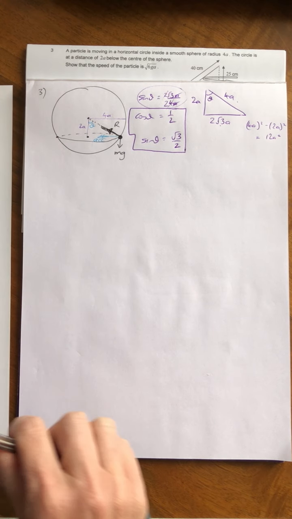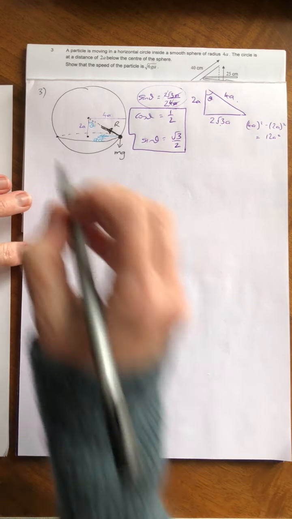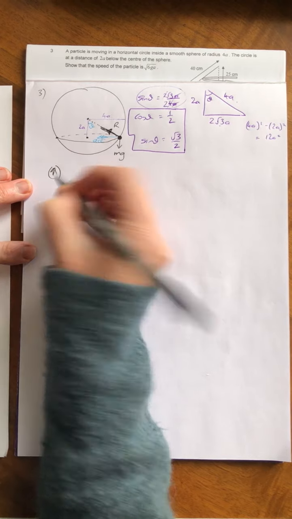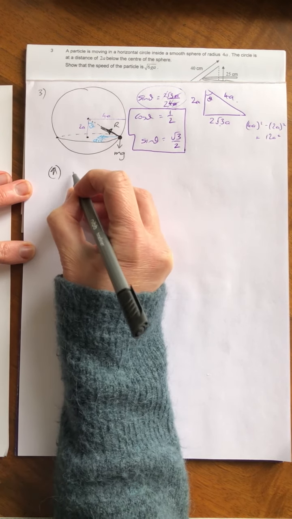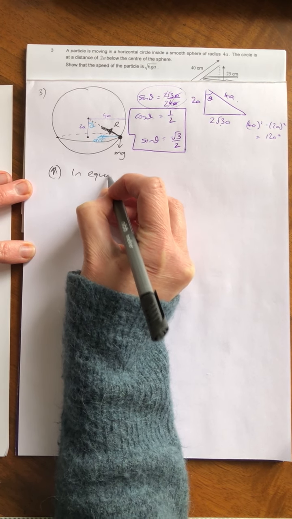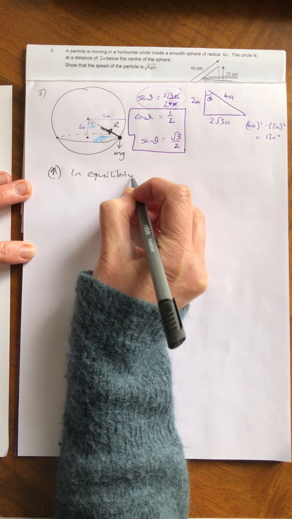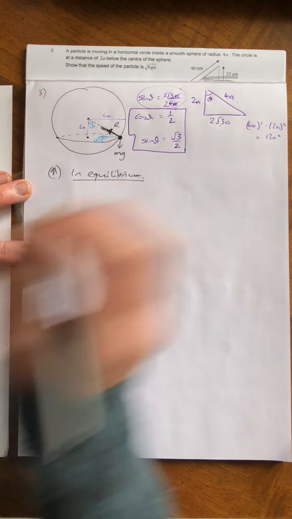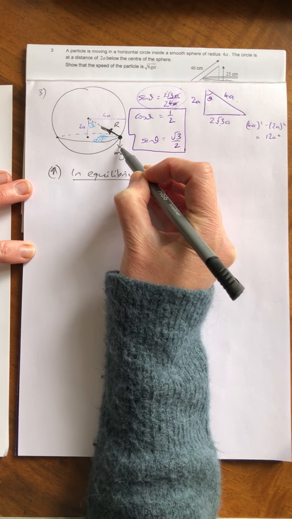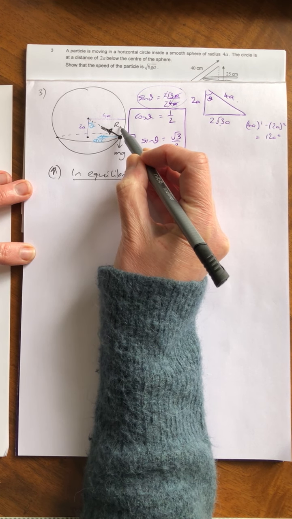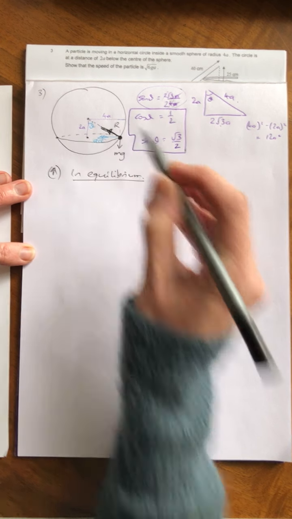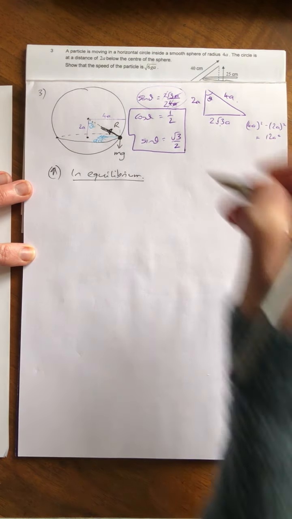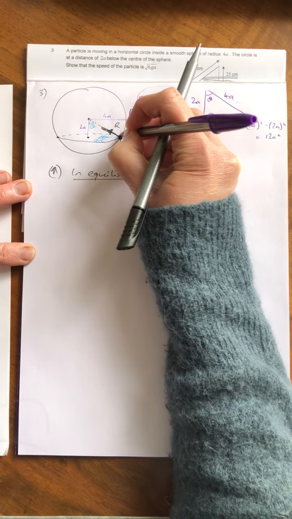Right, so we have got a horizontal circle. Horizontal circle, we always do the same two things. We look at what's going on vertically. Vertically, it is in equilibrium. Going downwards, I've got the weight, going up, we've got a component of R. Shall we try and do it without drawing the diagram again?